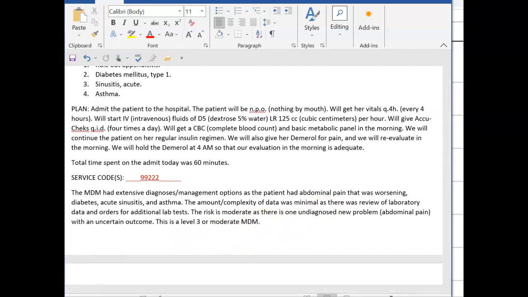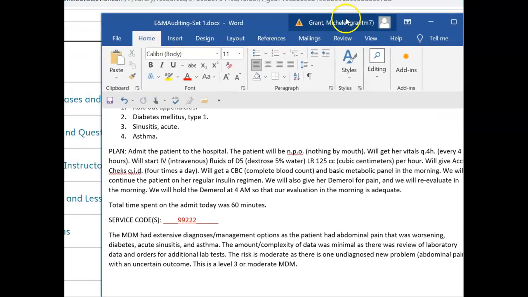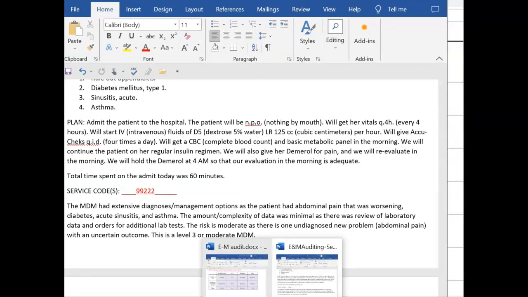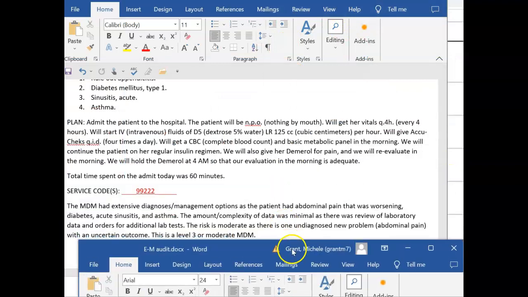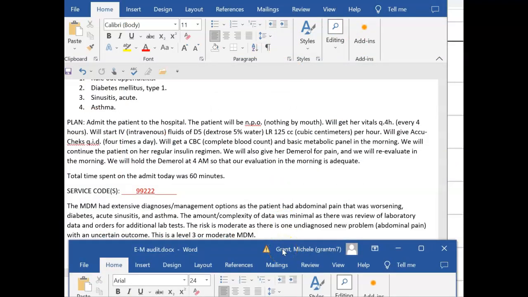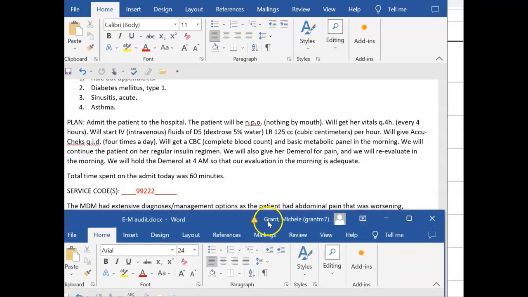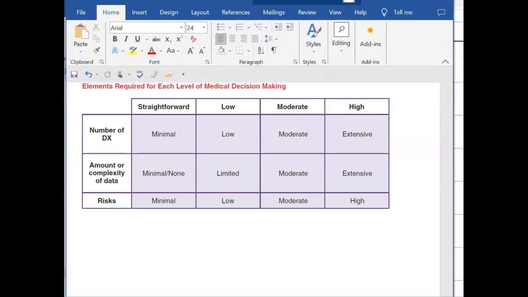So let's go ahead and look at our chart again. With that number of diagnosis, going back here, we did say that it was extensive because we had quite a few. So that's extensive. Amount of complexity, minimal, none. And moderate. But once again, they did give us a time limit, so that kind of takes care of it.